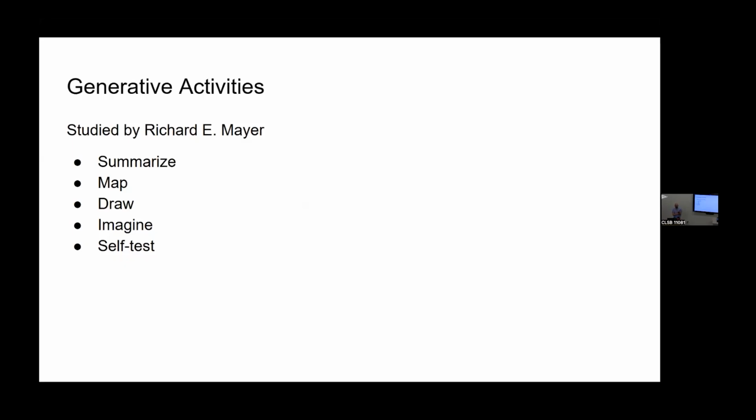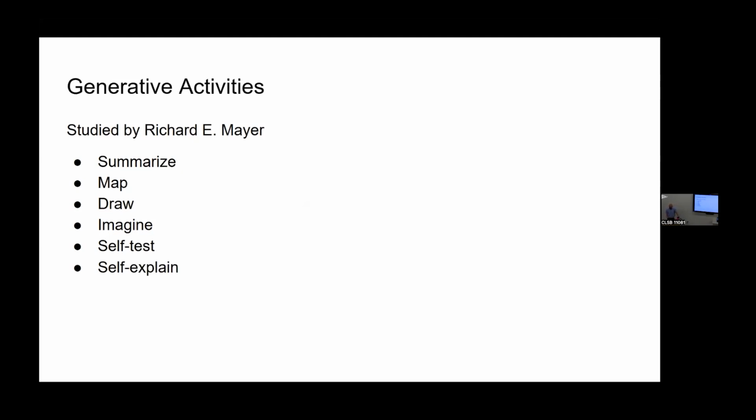That's a form of self-testing. But what's also great is if you ask them to also think, what do I know and what do I not know? People do better when they engage in this self-assessment of what they have actually understood and what they have not understood.